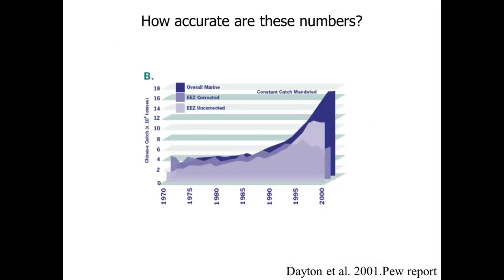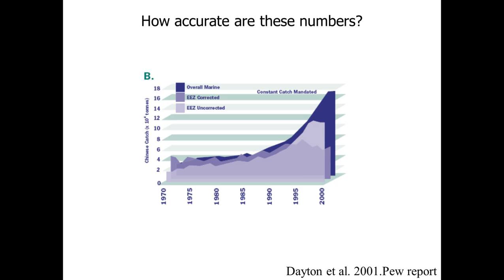This is a time series from a Pew report that looks at global fisheries and looks at Chinese catch. We talked about this in the case study looking at whaling. The global reported catch with and without the highly variable Peruvian anchoveta is shown, and they're uncorrected.